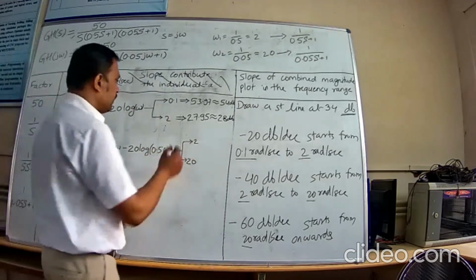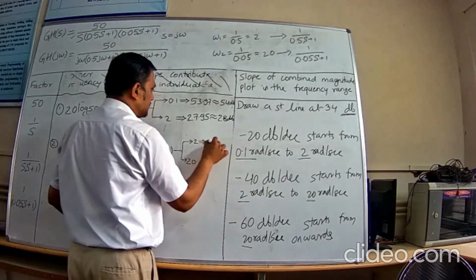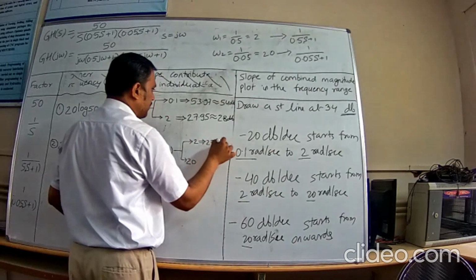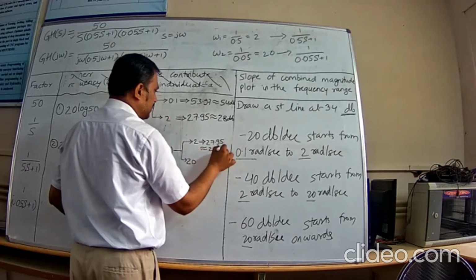If you substitute omega equal to 2, again you get the same value, 27.95, which we approximate to 28 dB.